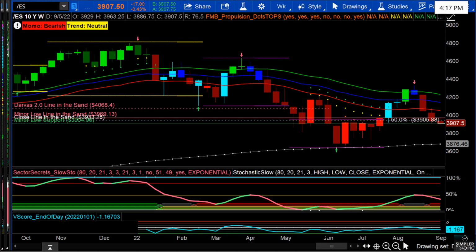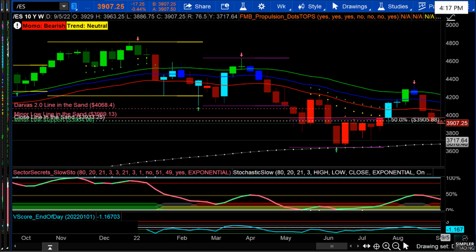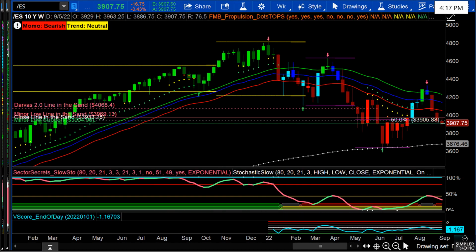These are settings that you can put on free indicators on your platform. I would like to see that as part of the completion of this pattern. By the way, gang, that means that anything we do in between this zone is just back and forth noise on the weekly, all right?